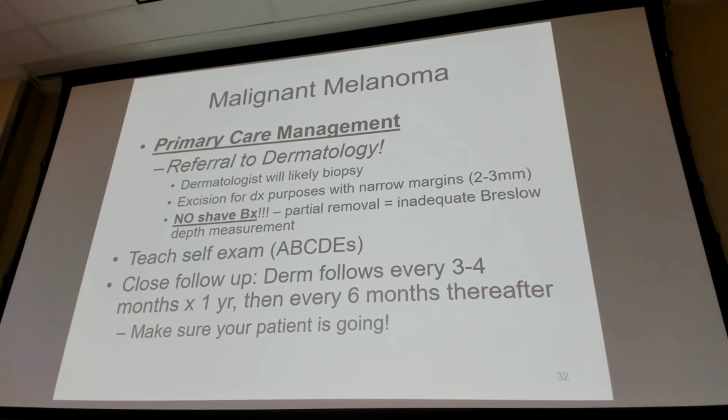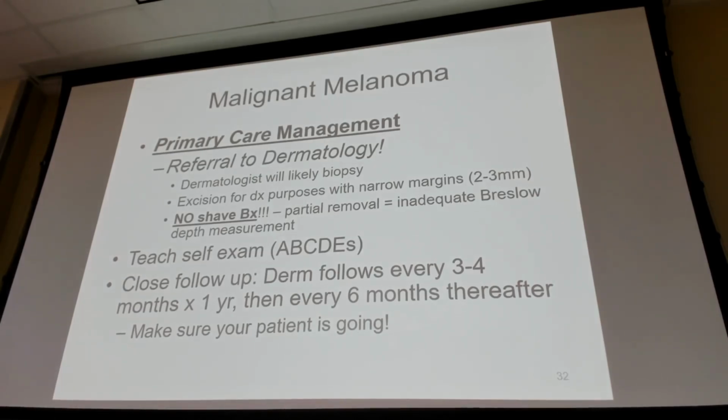We're going to excise beyond all of those borders, not only what we can see from the skin, but also for the depth. So how deep is it all the way down through the dermis, okay? So refer to derm. Of course, we're going to say ABCDEs, like always.